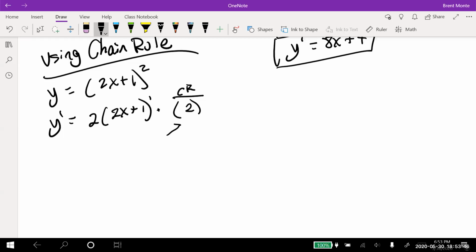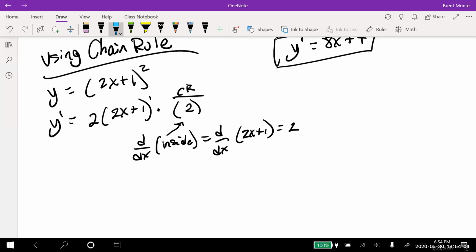So this was the derivative of the inside function, or the derivative of that 2x plus 1. That's where that 2 came from. That's the chain rule. And now this 2 on the outside here, I can multiply by this 2.